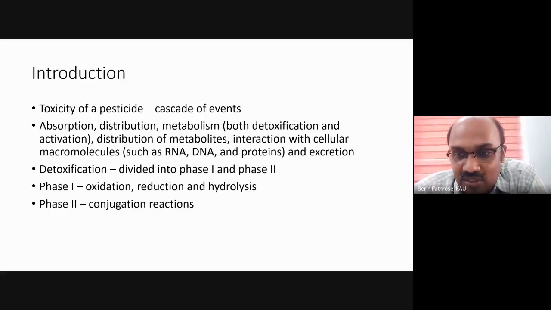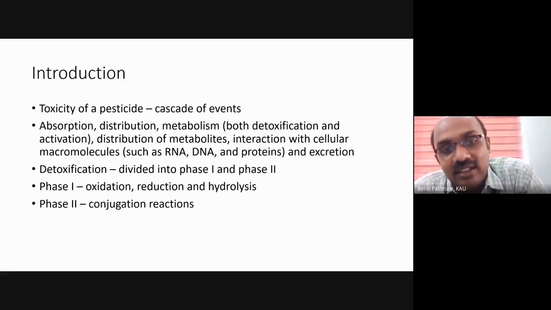At the end of its interaction and metabolism, it will be excreted.